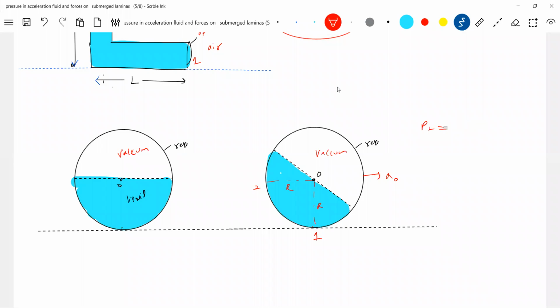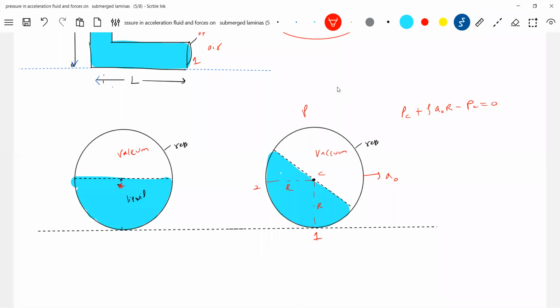Manometric equation. Okay, sir, how are you writing, why are you making a guess? Okay, no, let it be like this. I think I'll write C here, since some of you are getting confused. PC plus rho A naught R minus P2 equals 0.